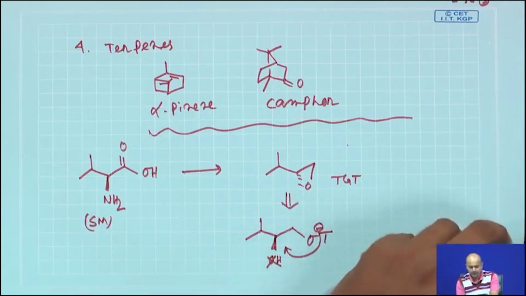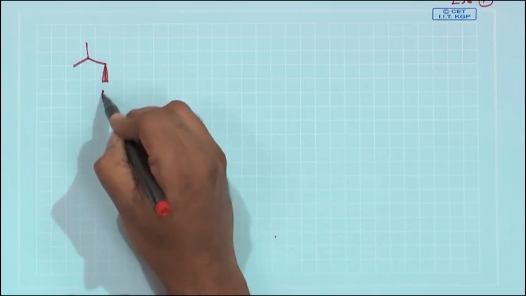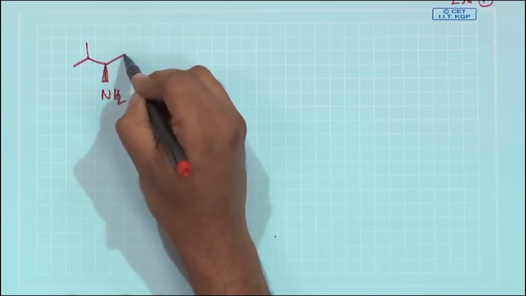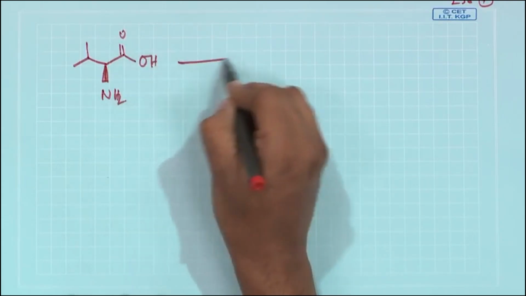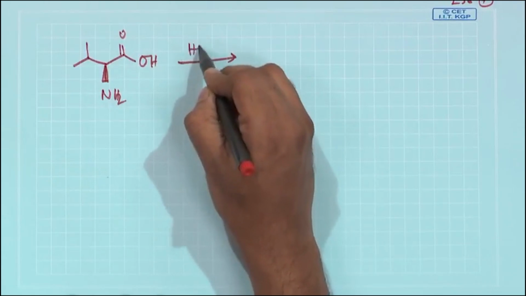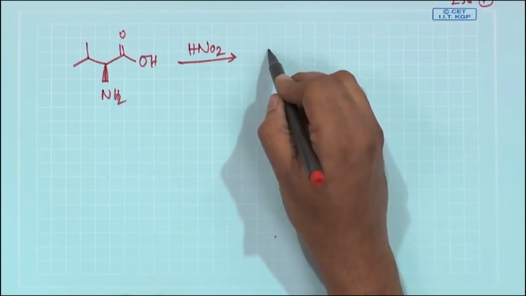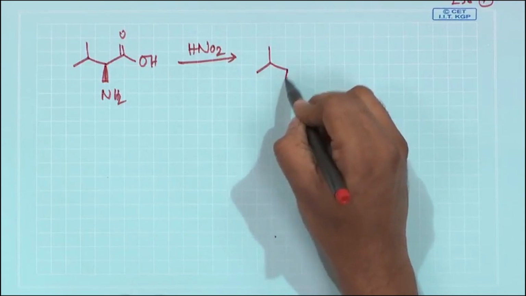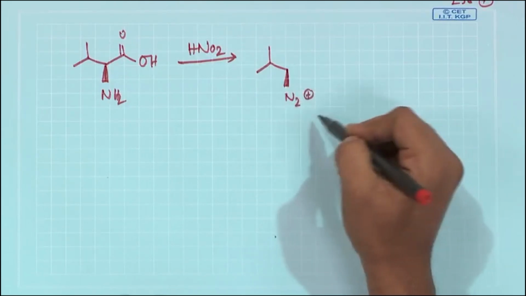Now, these amino acids behave in a unique way for a particular reaction, which we will now discuss. If you have alpha amino acids and react with nitrous acid, it will diazotize the amino group and convert this amine group to a diazonium.